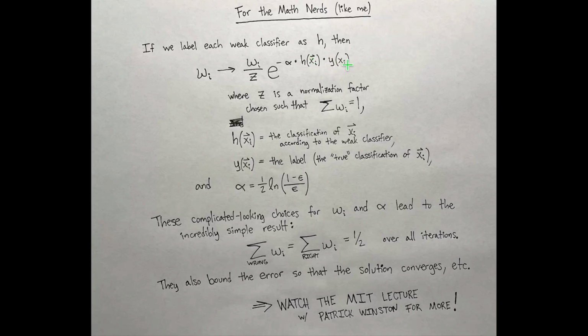The y of x here is the true classification of that training point. So if I multiply h of x times y of x, that's going to be +1 if h of x is the same as y of x, if the weak classifier got it right, and it'll be -1 if the weak classifier got it wrong. And so this equation is how to scale the weights.